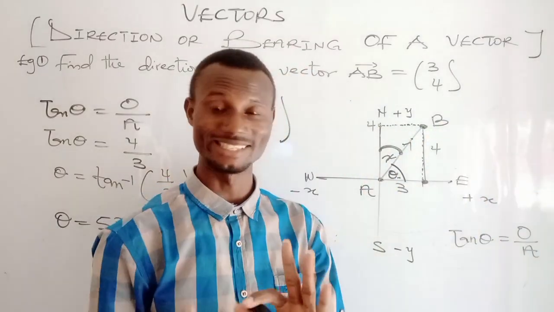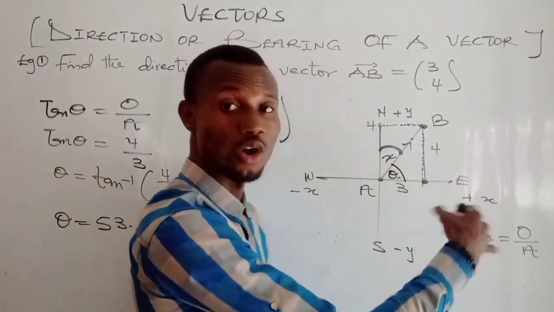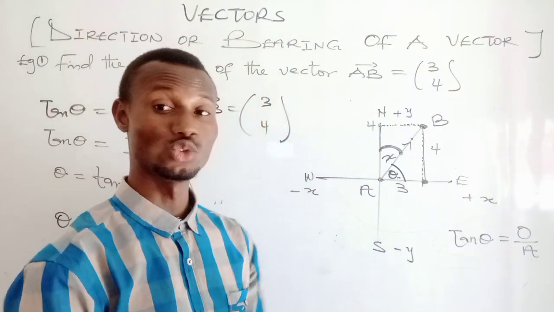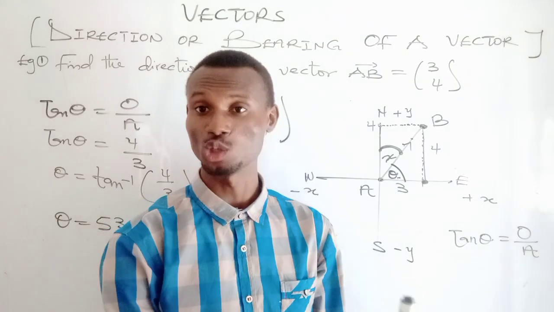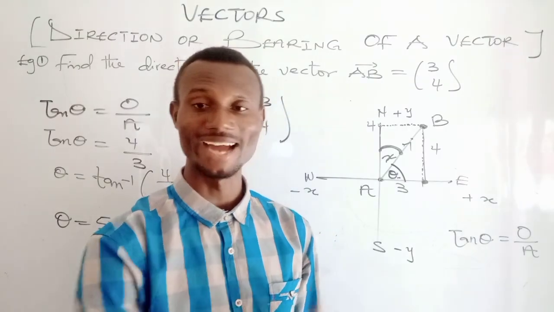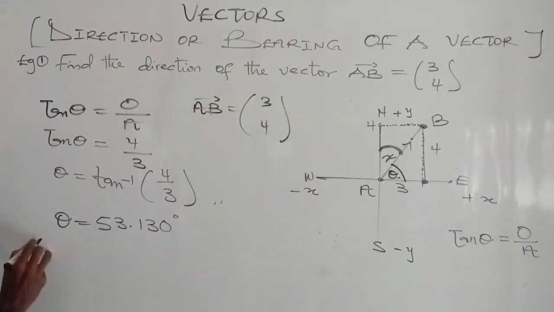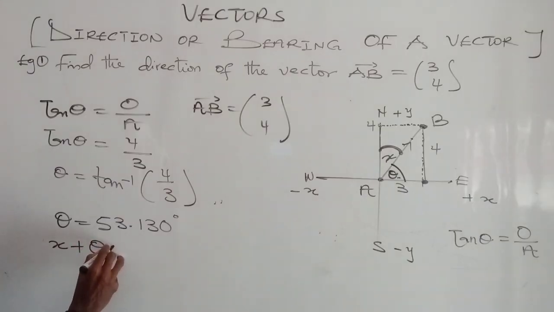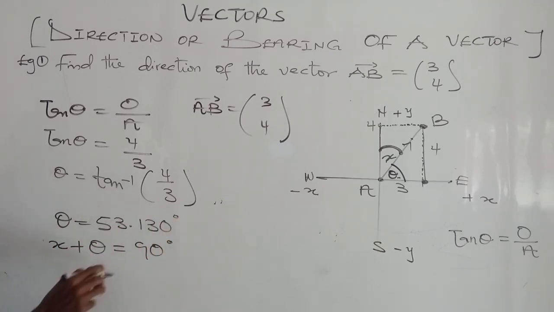I hope the explanation is clear enough up to this point. So I'm going to do S plus theta equals 90 degrees, and that becomes a simple linear equation to solve for the value of S, which gives us the actual direction of the vector AB. So let's go ahead and do that. My S plus the angle theta should give me 90 degrees, and I know theta is 53.130 degrees, so I'll place it there.